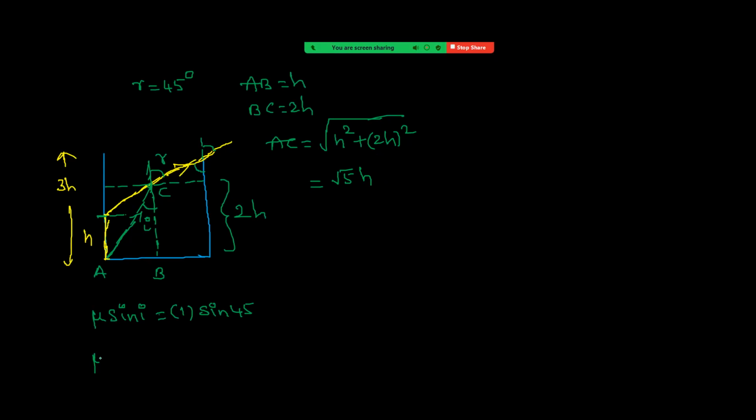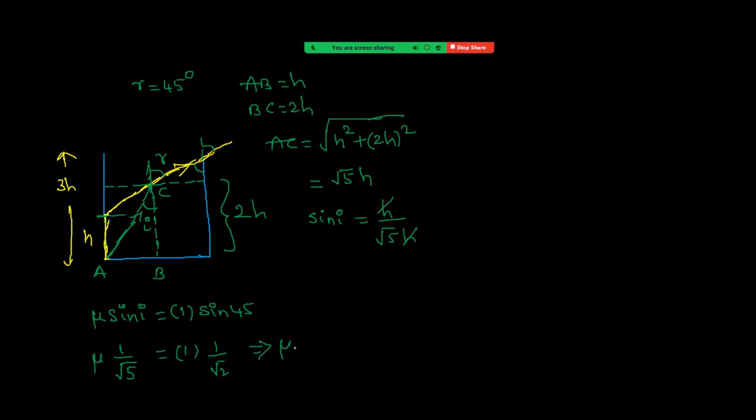So sin i is equal to h upon AC, that is root 5 h, which means 1 by root 5. That is equal to 1 into 1 by root 2, which is sin 45.